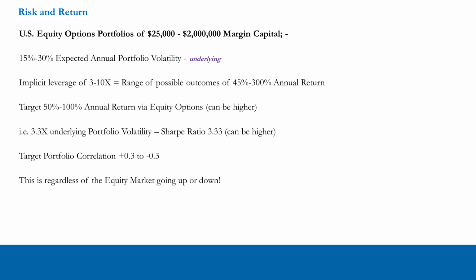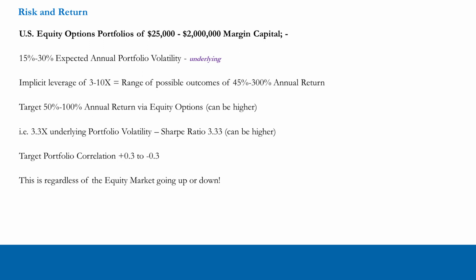And we're looking to leverage by a certain amount. So what are we looking for in terms of the annual portfolio volatility that is in the underlying portfolio? Not with the options positions, but the underlying stock positions. Okay. If we model the portfolio, what expected annual return are we looking for in the underlying stock portfolio?